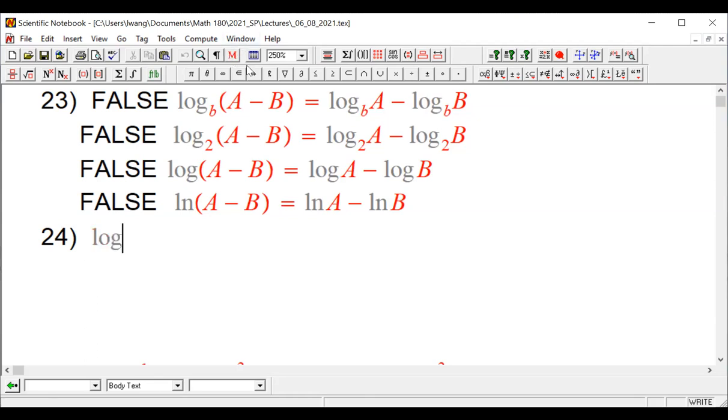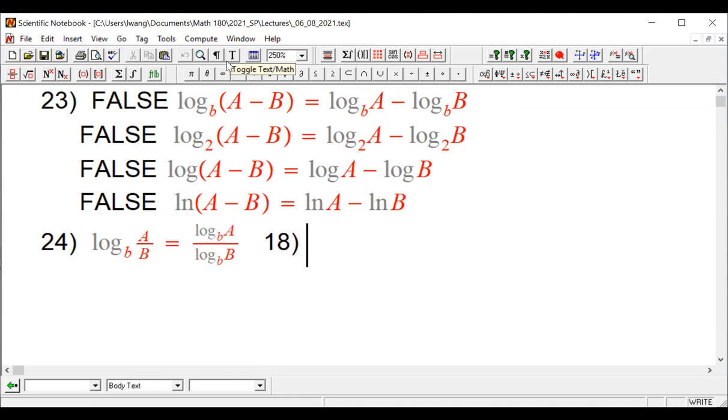Okay, so log base B of A over B is equal to log base B of capital A over log base B of capital B. We had a similar example on 18.